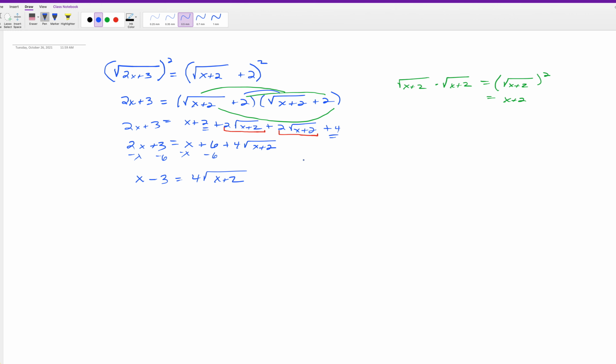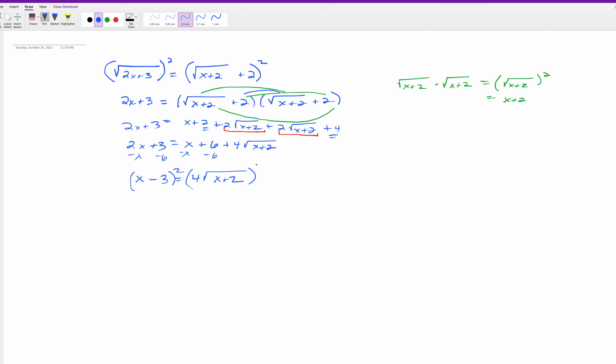All right, so now I'm ready to square both sides again. And we've talked about this. If it makes sense to divide both sides by 4 or something else at this point, then I would do it. But if I divide both sides by 4, I'm going to end up with fractions here on the left, and I don't want fractions. So I'm not going to divide anything by this 4. I'm just going to square both sides.